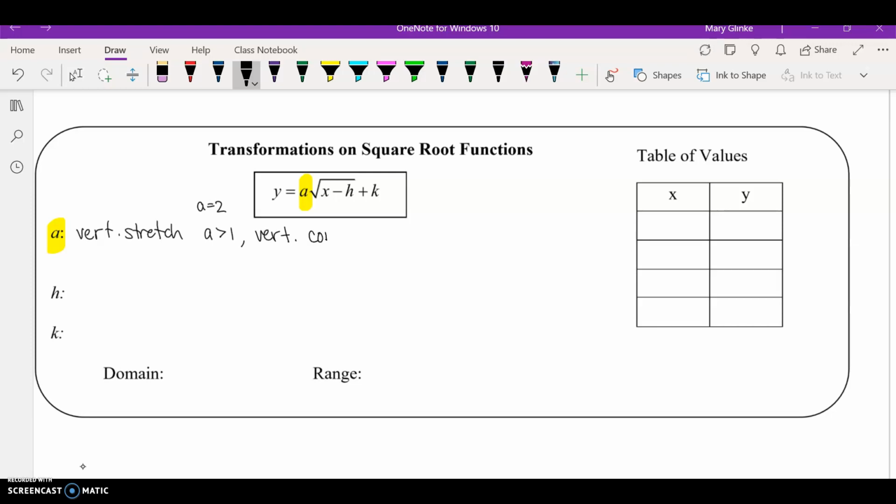It's going to be a vertical compression, or you might use the word shrink, and that's totally fine, if your a value is a fraction. So for instance, if a is 1/2 or 2/3, it's going to be a vertical compression. But your a value does one more thing. It also is going to reflect or flip over your x-axis. And that happens when a is negative.